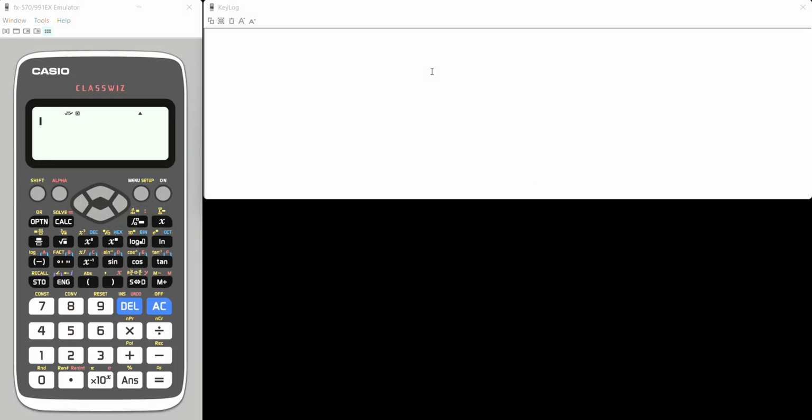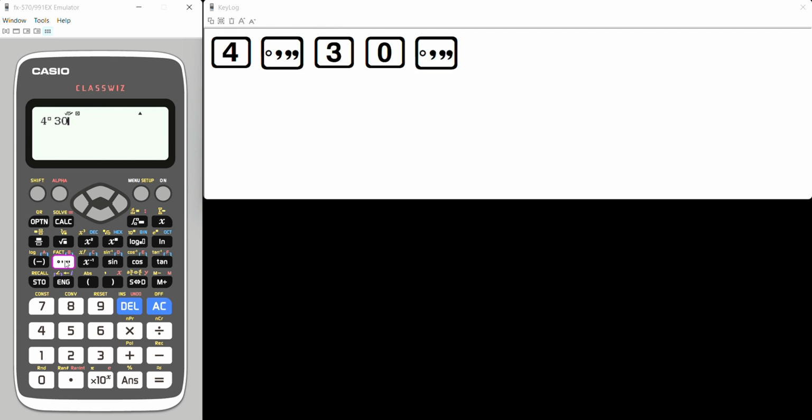So one trick on the FX570EX or 991EX is to calculate time using the degree, minute and second button, which is here below the fraction button. So what I would do is I'll key in 4 hours and 30 minutes into the calculator. So 4, and then this degree button, and then 30 for minutes, and then 00 to indicate seconds, and then key in the degree again.